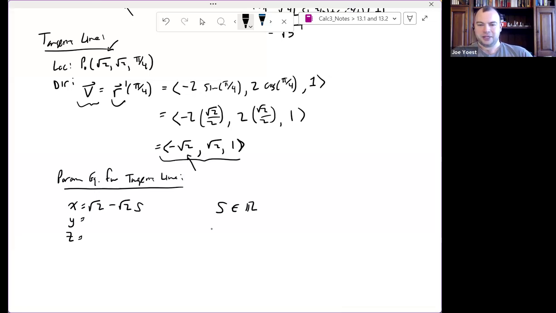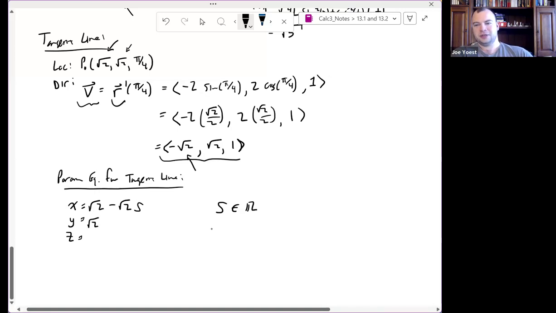What about y? Well, I take the initial point for y, which is also root 2, and then plus the y component of the direction vector times the parameter s, plus root 2s. And then same for z. Take the z naught, pi over 4, plus 1s, or just plus s.